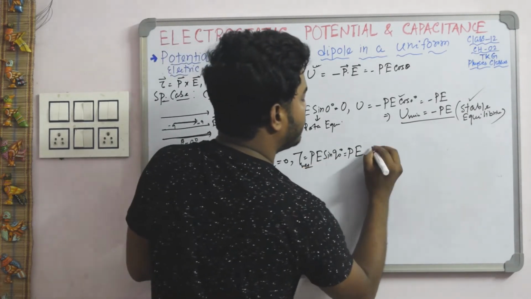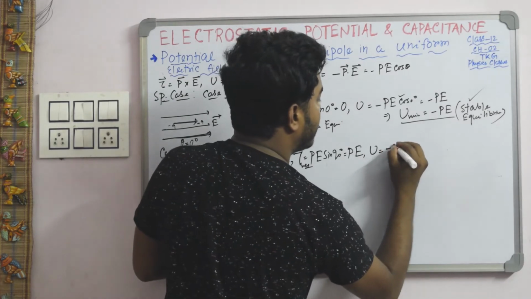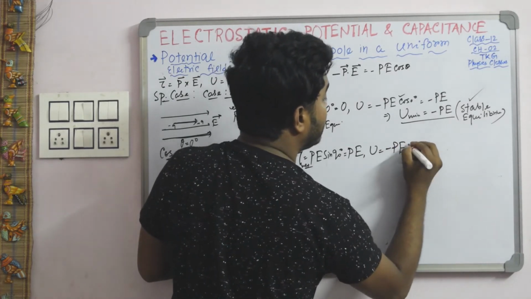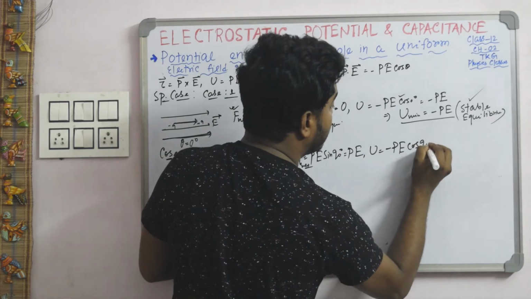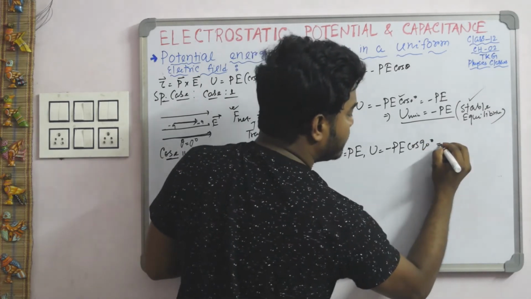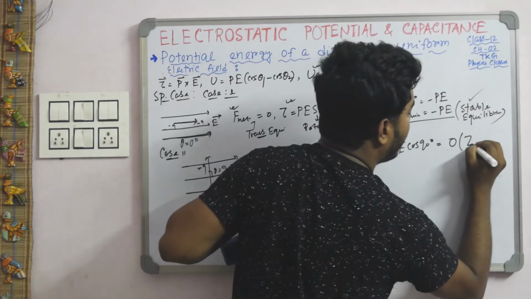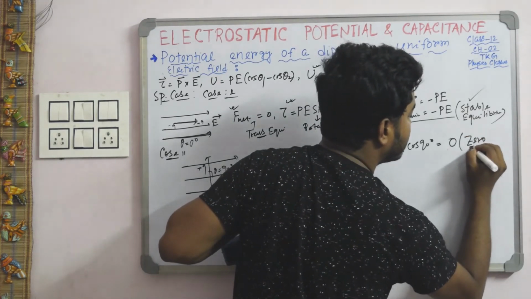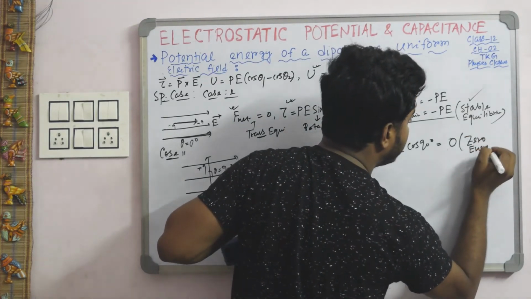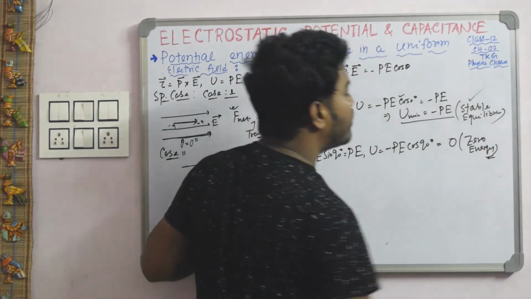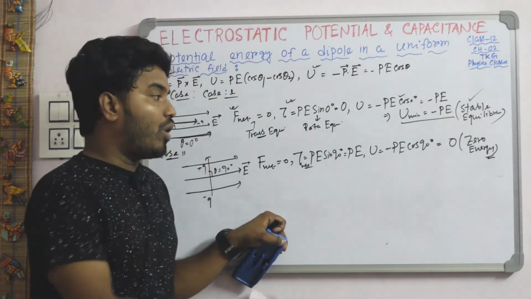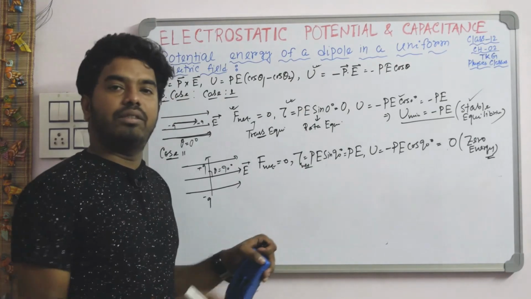And what is the value of U? That is minus PE cos 90 degree, cos 90 is 0, so U is equal to 0. This is called the position of zero energy. Here the energy of this system is equal to 0. So what is the significance of this zero energy?